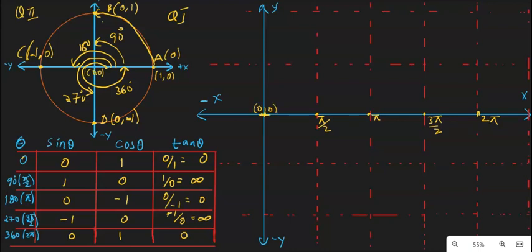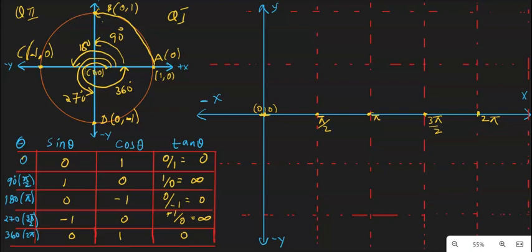I've plotted pi over 2, which is 90 degrees, pi, which is 180 degrees, then 3 pi over 2, which is 270, and 2 pi, 360 degrees.